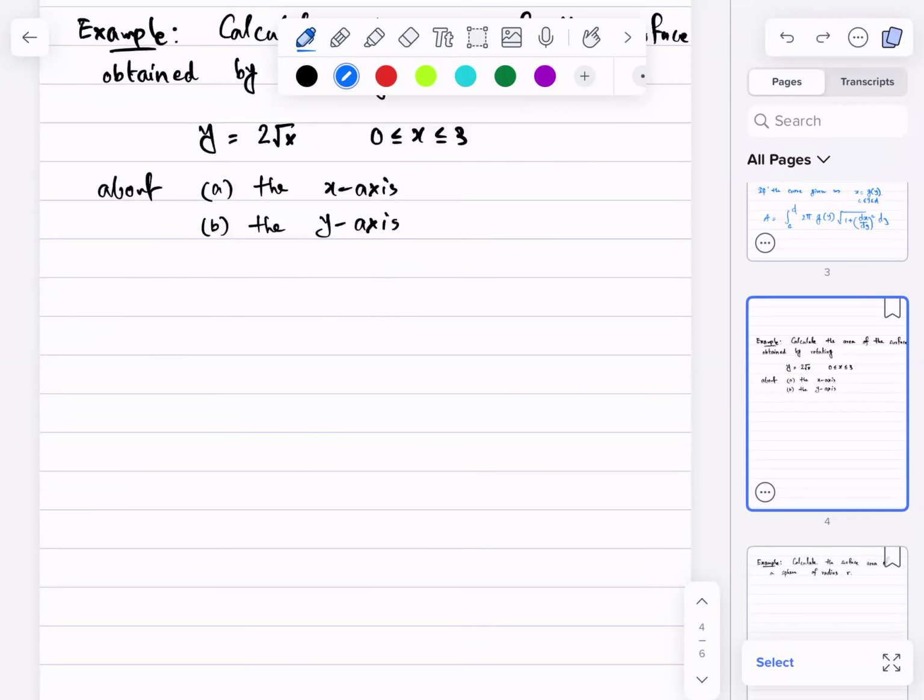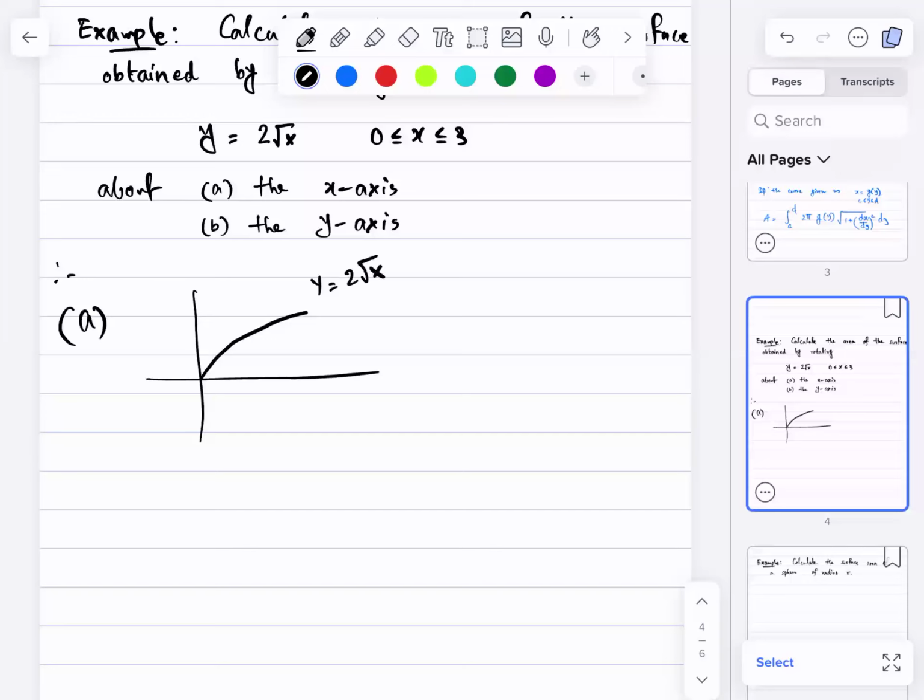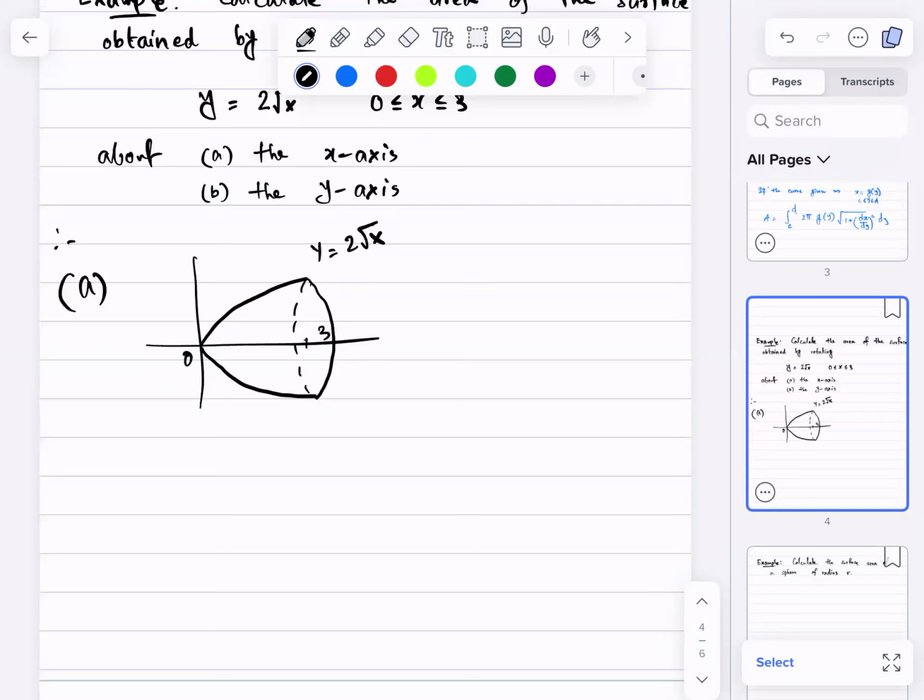So for A, the graph of this function y equals 2 square root x is like this. If I rotate around the x-axis at first, with this being 0 and this being 3, the surface that will generate is something like this. So I have to get the surface area of this region.